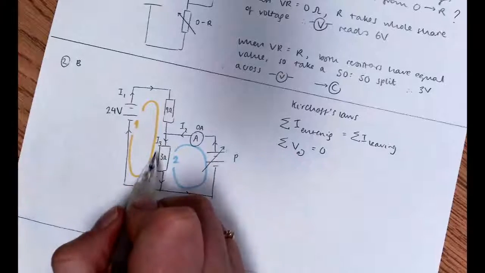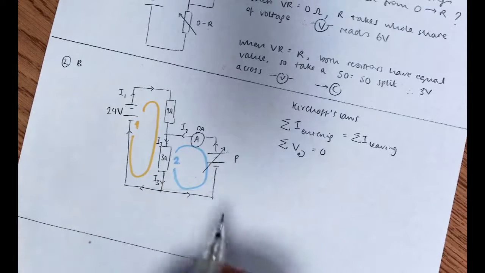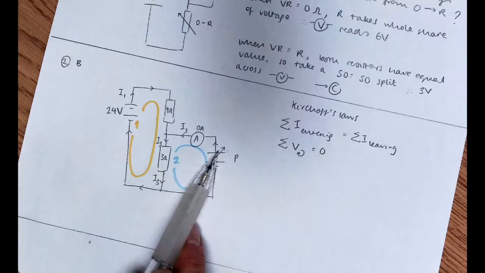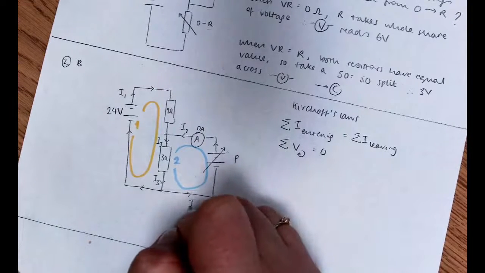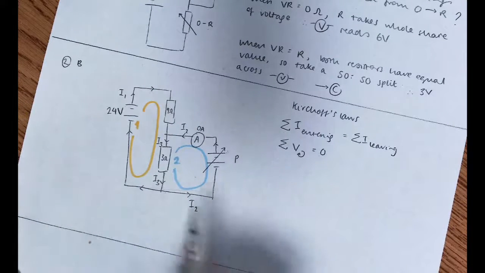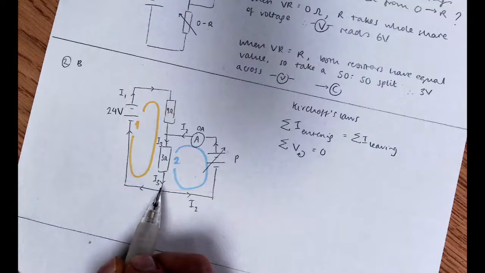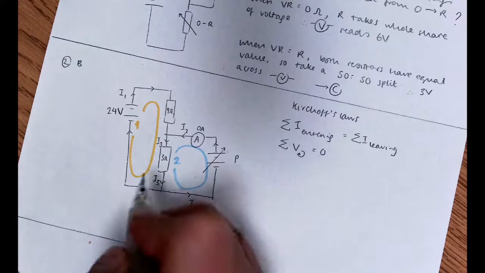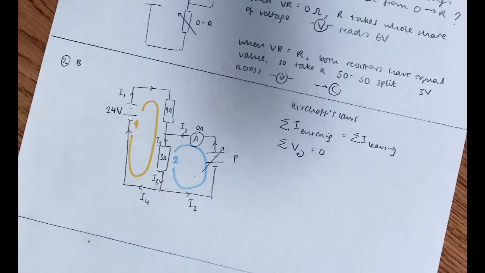That current there will be the same as the current here, so this is I3. Whatever current is flowing out of this side of this power supply must be flowing into it, so this is also I2. And so we know then that I3 coming down is going to split into I2 and I4. So that's our currents labelled up.